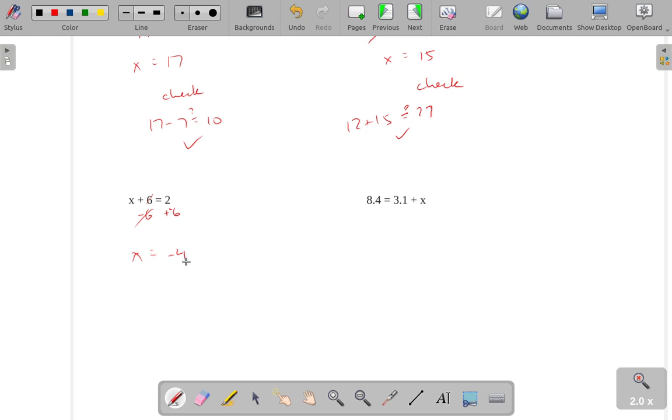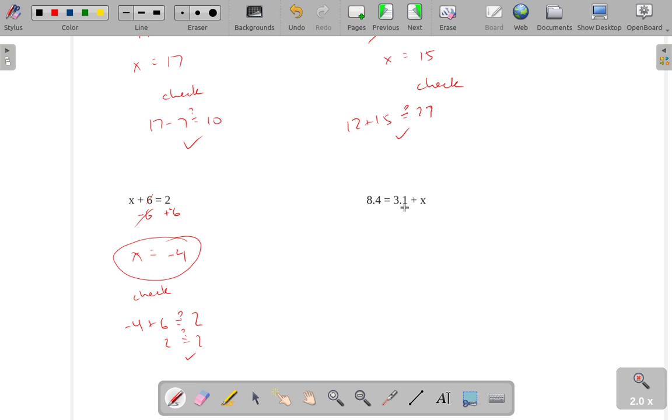We would get a negative 4 on the other side of the equation, though, because 2 plus negative 6: 6 minus 2 is 4, but the 6 is negative, so our end result is negative 4 here. So let's check this. Negative 4 plus 6 equals 2. Well, 6 minus 4 is 2. We get 2 equals 2, which is a true statement. So that is our solution here.